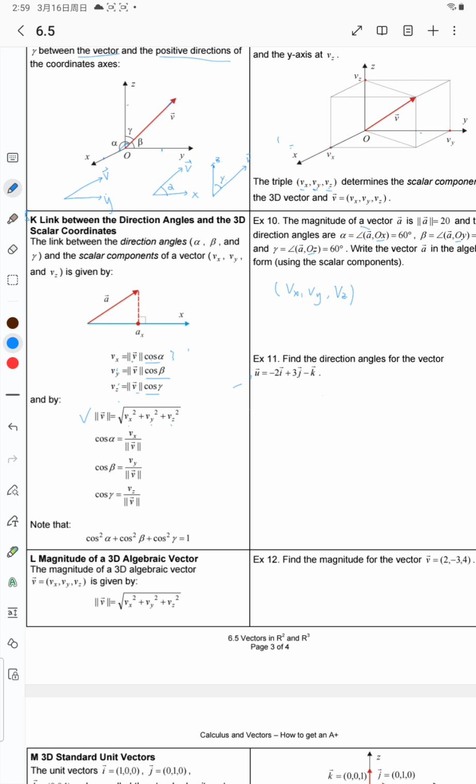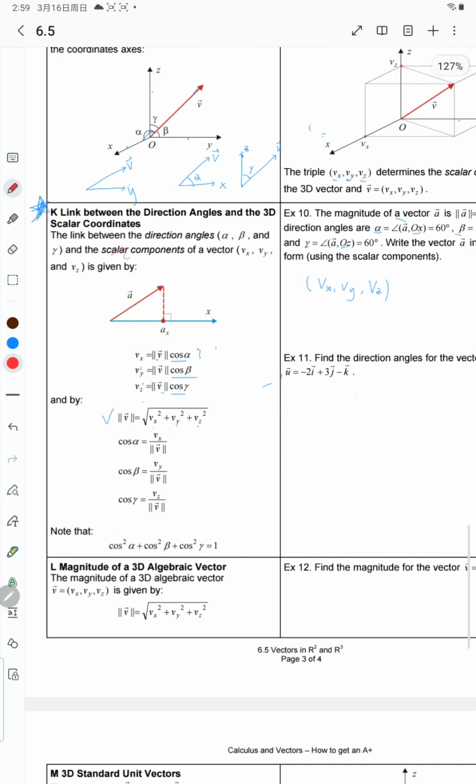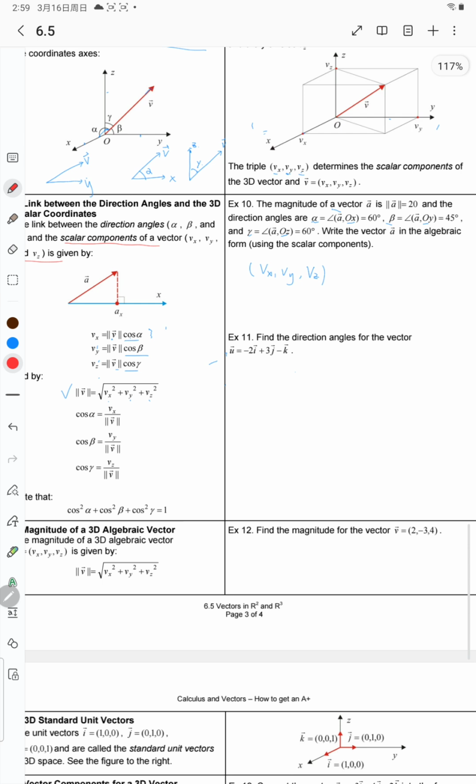Just have a radius and then the cosine of, we need to double check this. This definition of alpha, beta, gamma is exactly the same as the definition here, right? Because sometimes, if the question is mean, it can give you different definitions of alpha, beta, and gamma. But here it is the same.